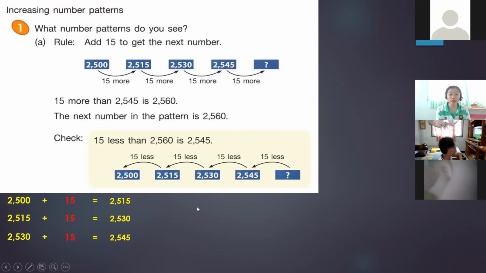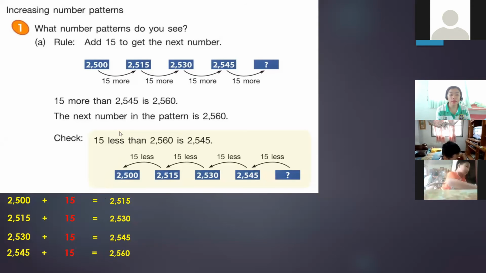So let's add 15 to 2,545. 2,545 plus 15 is equal to 2,560. So the missing number in the pattern is 2,560.